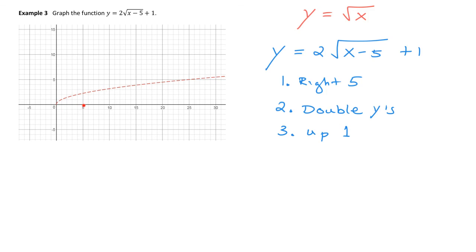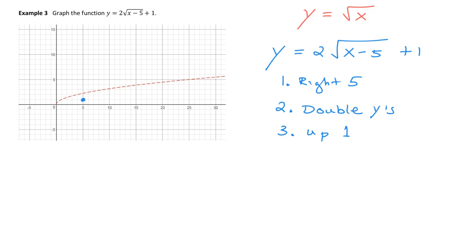If I double the y value, which is 0, 2 times 0 doesn't do anything, it stays right where it is. And then if I go up 1 place, I'm now at (5, 1). So this new function took the point at (0, 0), went over 5, doubled the y value, which didn't move anything, and then went up 1 place.